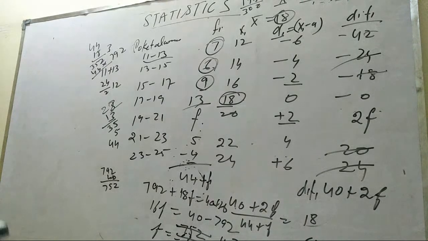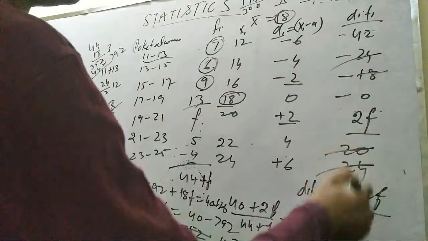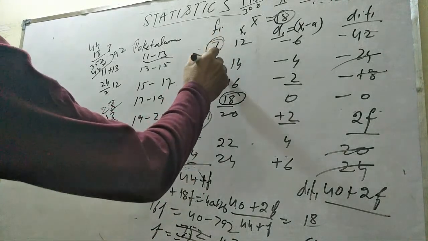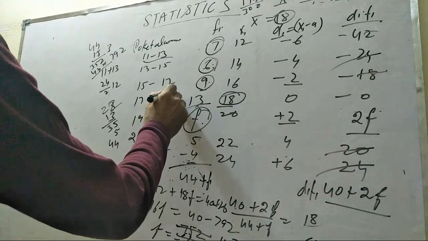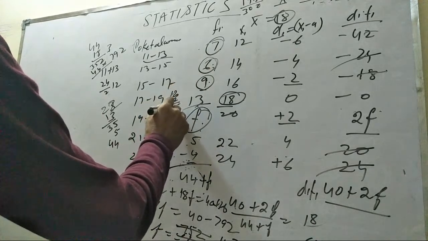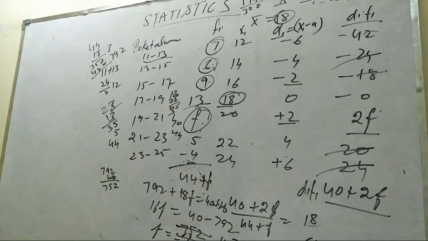Excuse me, this is 40 plus 2f. And here 7 plus 13 is 22, 22 and 13 is 35, 40, 44.